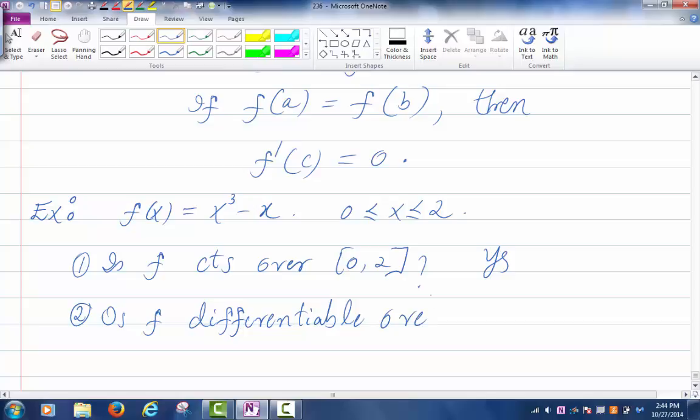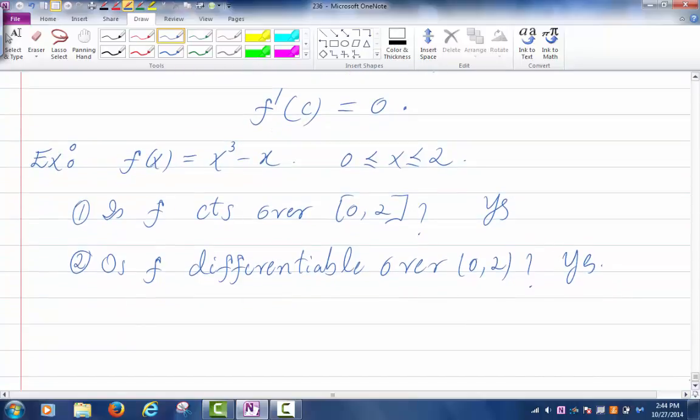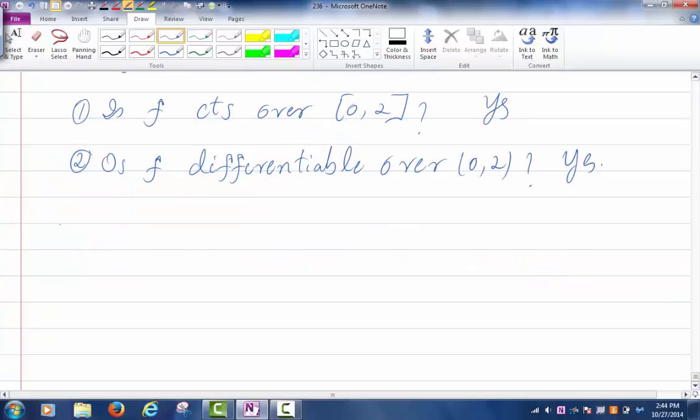Differentiable means the derivative exists everywhere over this interval from 0 to 2. The answer is yes, because it's a polynomial function. And then the next thing it's going to say is that, well, if it satisfies the conditions, then find the moments in that interval where the derivative would be 0.